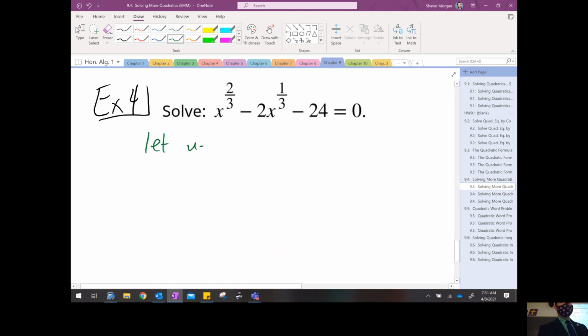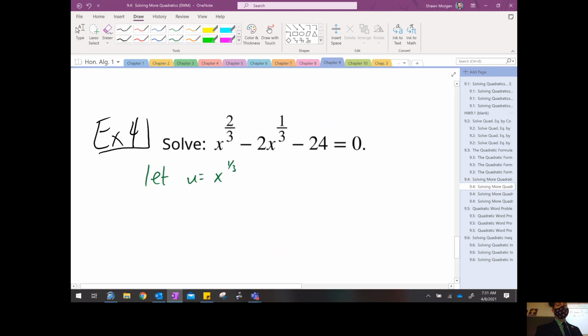Let u equal x to the 1/3. Okay? So what does that first term become then? It's u squared. Because think about it like this.